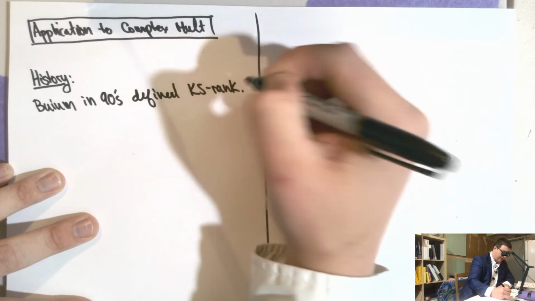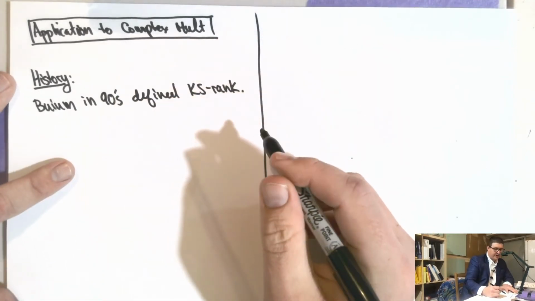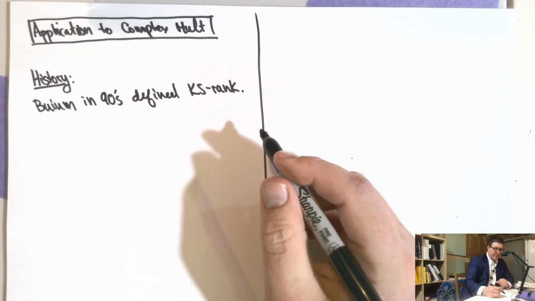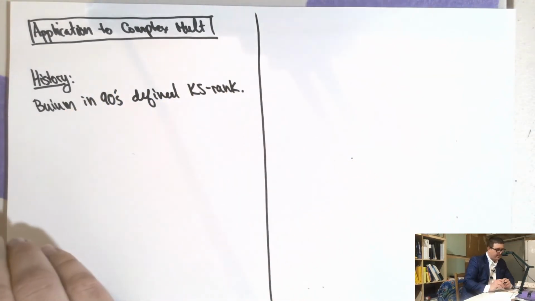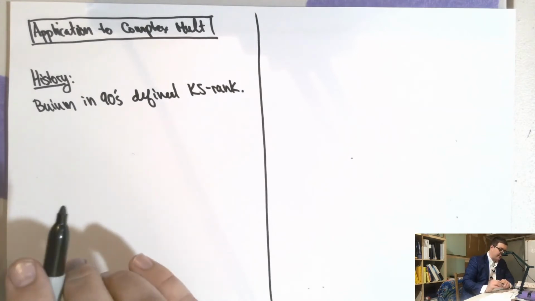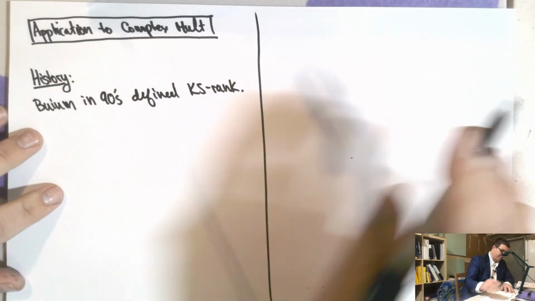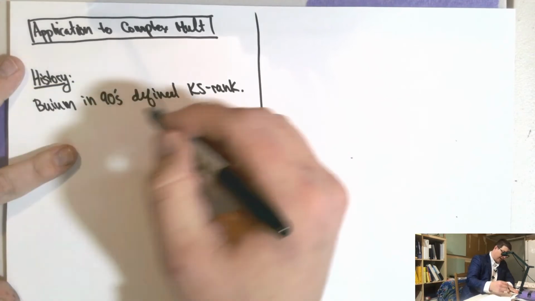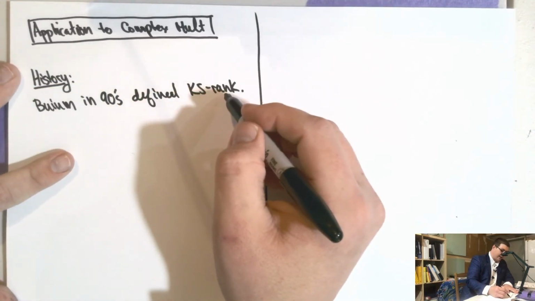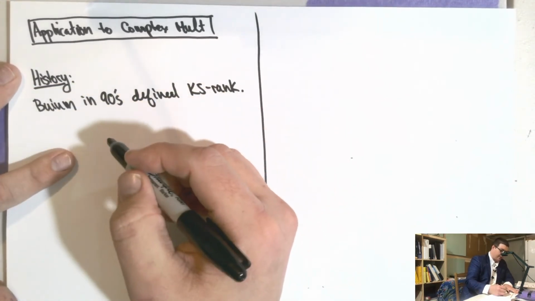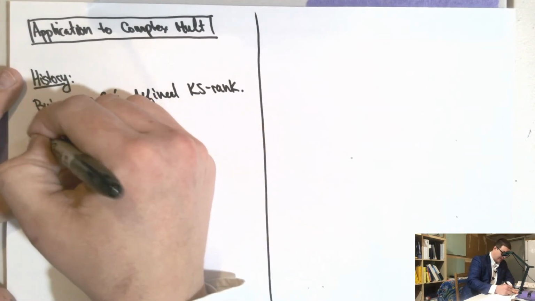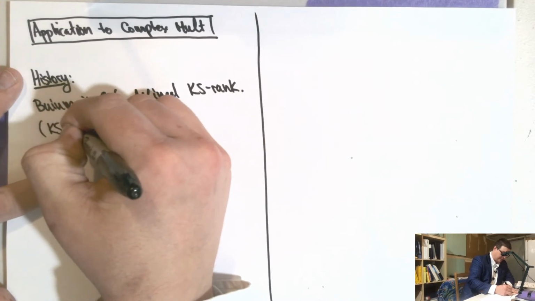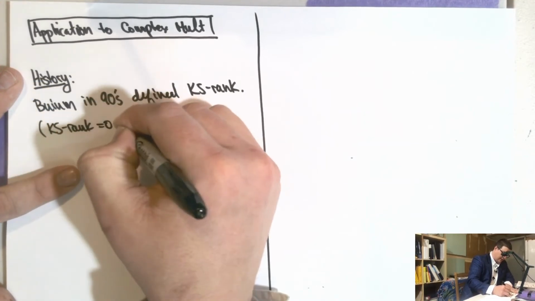I think he just called it the delta rank, and it's the rank of the Kodaira-Spencer map if you view it as a certain map. I'm just going to leave it at that. Okay. He defined the Kodaira-Spencer rank, and the Kodaira-Spencer rank being 0 implied vanishing.